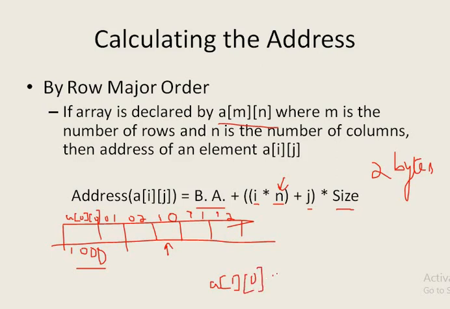So here the address of this particular element will be found by using this formula. Base address will be 1000 here. Base address can be taken as 1000 plus value of I. Value of I is 1 here, 1 into N. So here you have taken a 3 by 3 matrix.